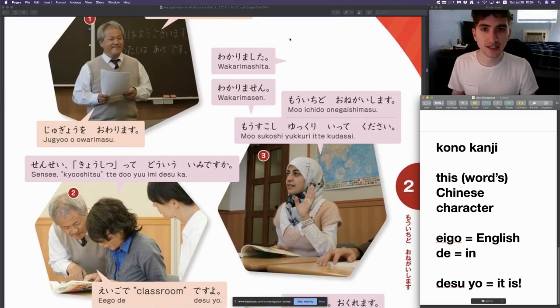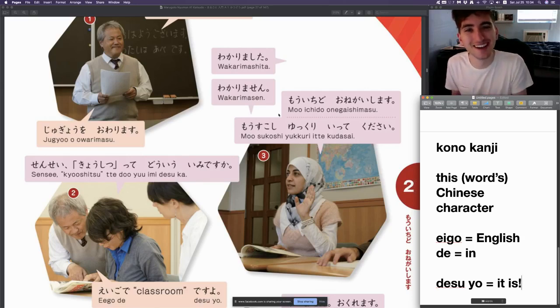How about situation 3 on the right here? We could have the phrase わかりました. I got it. Or we could have the phrase わかりません. I don't understand. If at any time you don't understand something I'm saying, just comment right here, わかりません, and I will try to explain whatever it is to you.